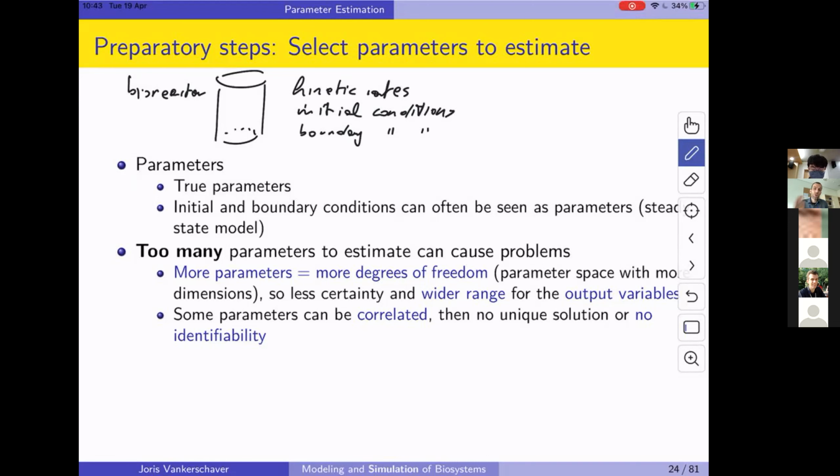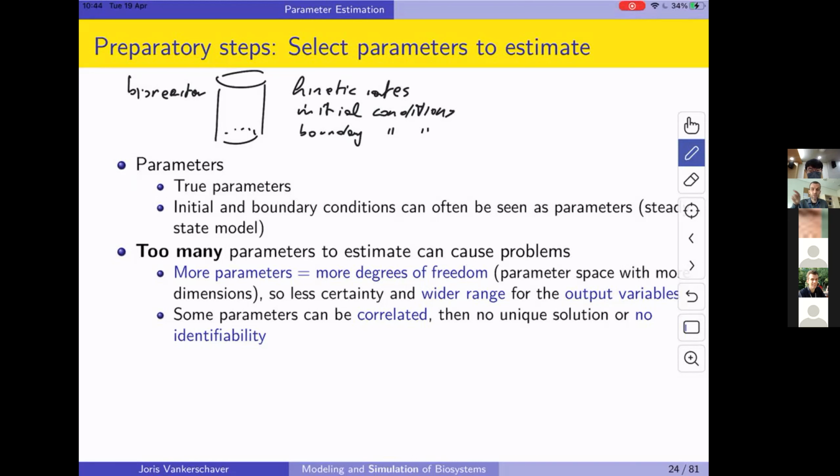Likewise, if you throw everything into the mix that you can find, then you may run into the kind of trouble that we've seen in the section about linear regression, where we said if you have predictors that are highly correlated, that's usually a problem for the fit of the model, because what you want to do in your linear model is determine the effect of each predictor on the outcome.